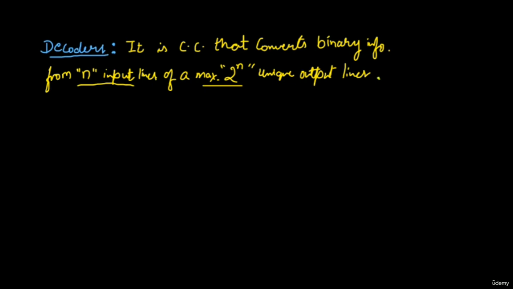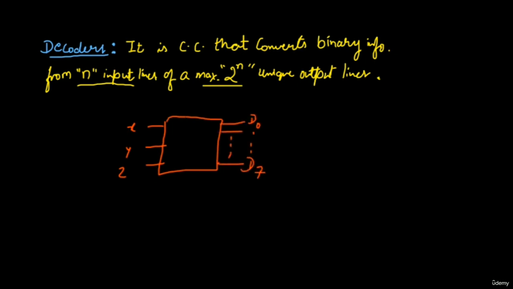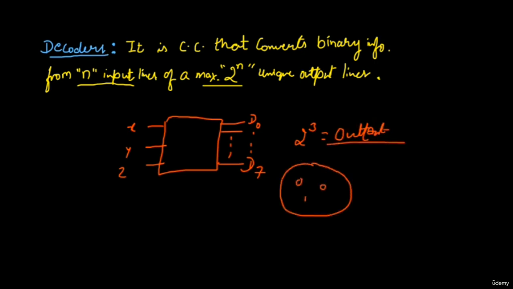In our case we had X, Y and Z as the 3 input lines, and the 8 output lines, D0 all the way to D7. Here we are seeing 2 to the power 3 as the maximum output lines. Can you guess why it's so? If you guessed it, I'm proud of you, my dear friend, because it's very easy. For each input you can give 0 or 1, 0 or 1, 0 or 1.